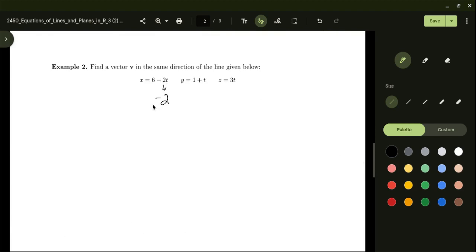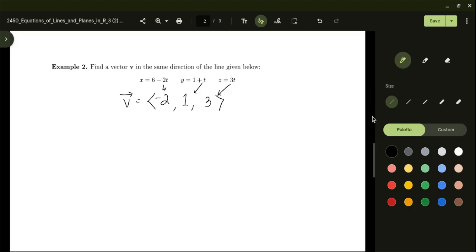So we're going to take the negative 2 for our a. We have a positive t in our y equation, so that's a positive 1. And then for our z, we have z equals 3t. So our coefficient 3 is c. And so here we have found our vector in the same direction as that line.